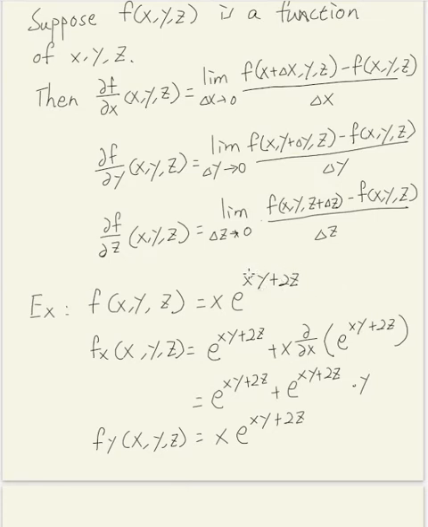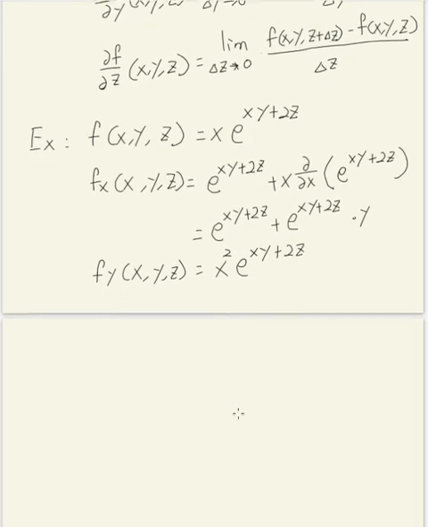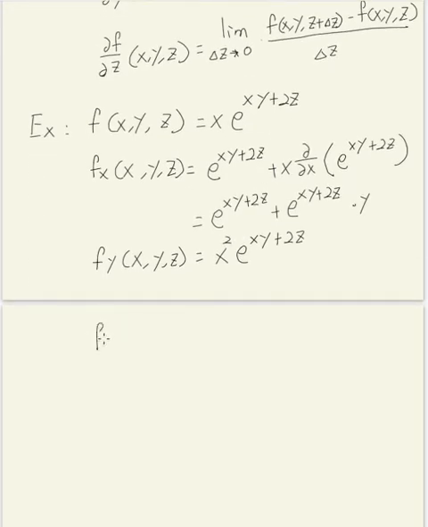Therefore we get x squared times e to the xy plus 2z. And last, we get f sub z equals x times e to the xy plus 2z. The derivative of the exponent is just 2, so we have 2x times e to the xy plus 2z.